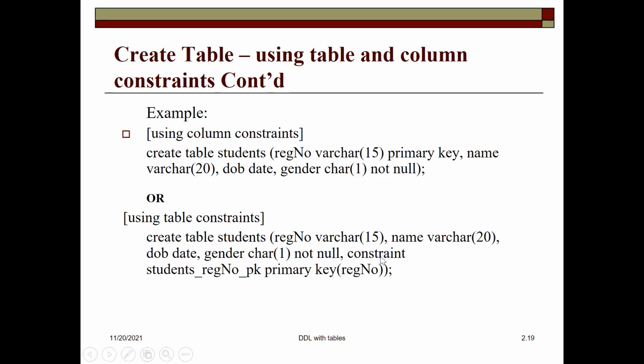Say you want the registration number of this table to be a primary key. This is how you would do it at the table level. You put the word constraint, and then you put the entire constraint.